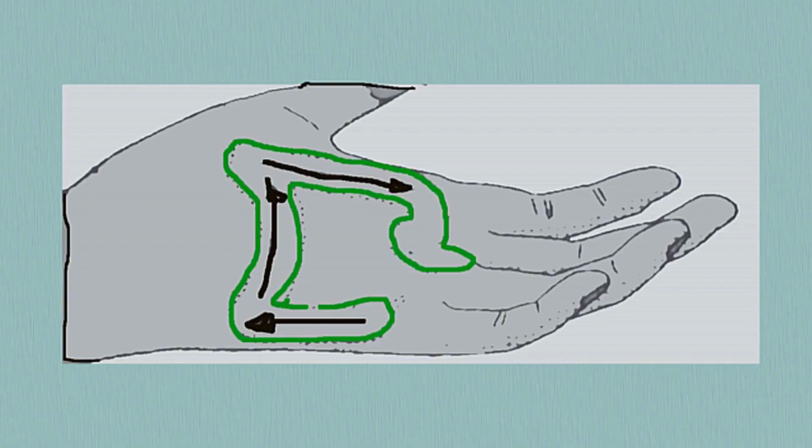Now, for severe constipation and piles, which is a very common condition in a lot of people, what you can do is draw the large intestine in the palm of the hand with green color, making arrows pointing in the direction of the anus.